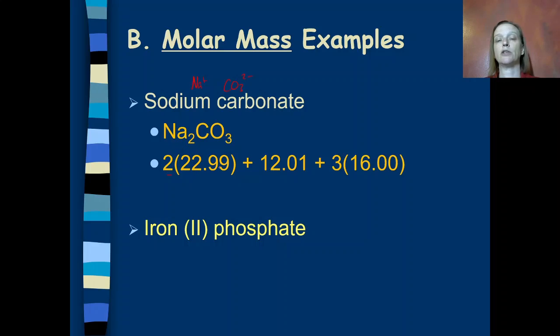So 2 times 22.99 from the periodic table, 12.01 for my 1 carbon, and then 3 times 16 for my 3 oxygens. Adding all of those together gives me 105.99 grams per mole.